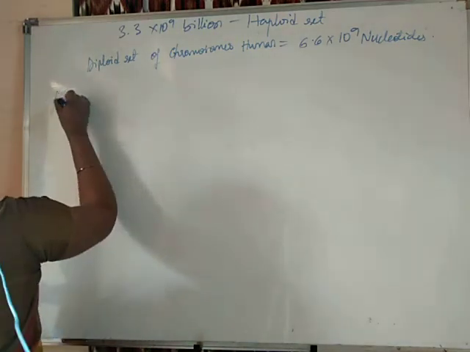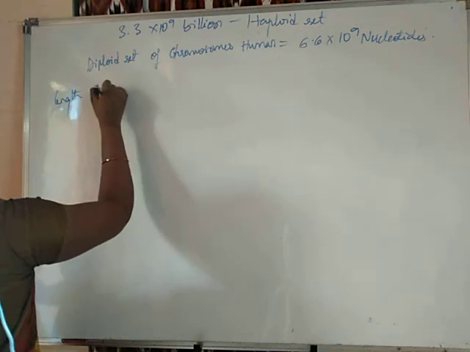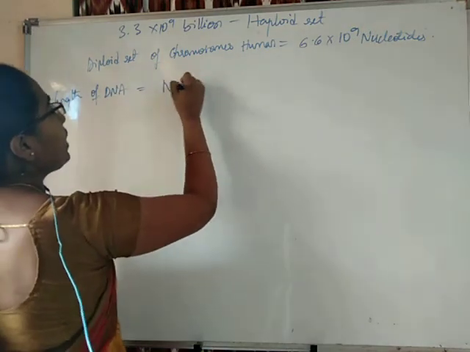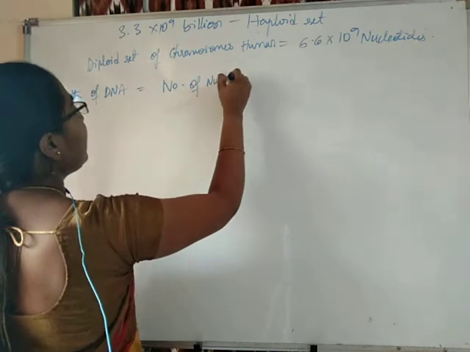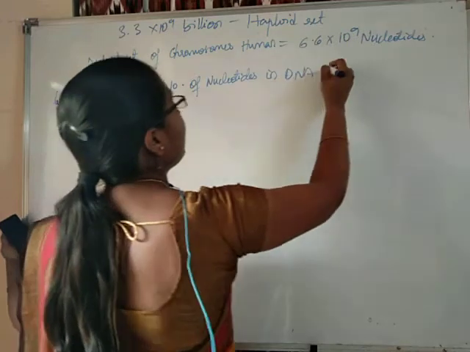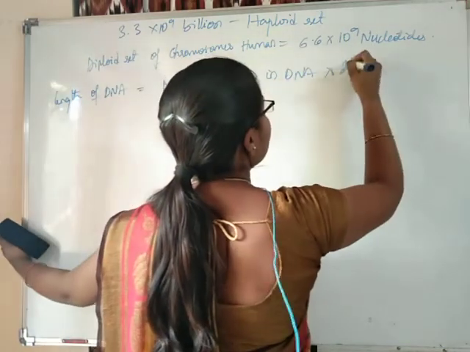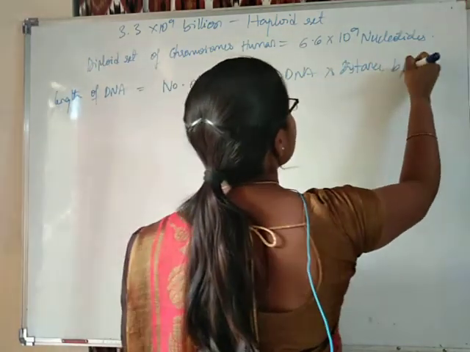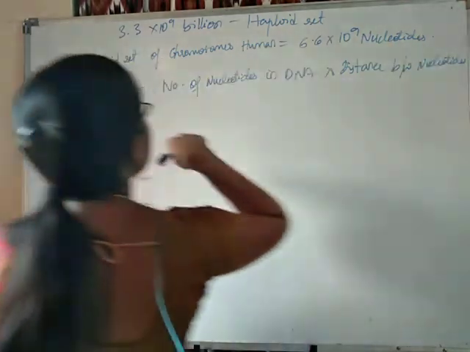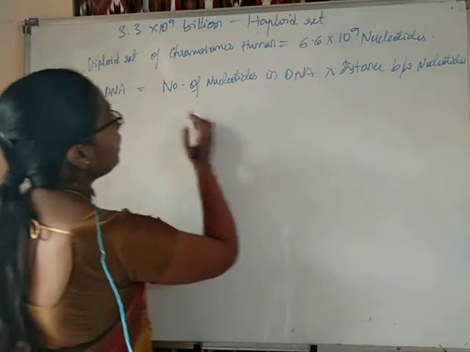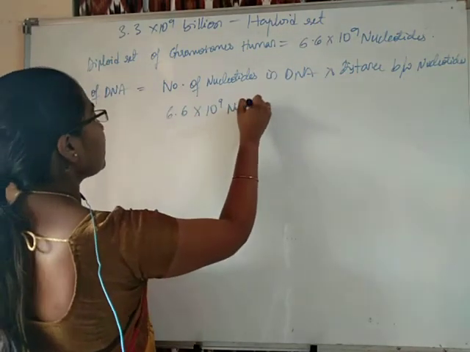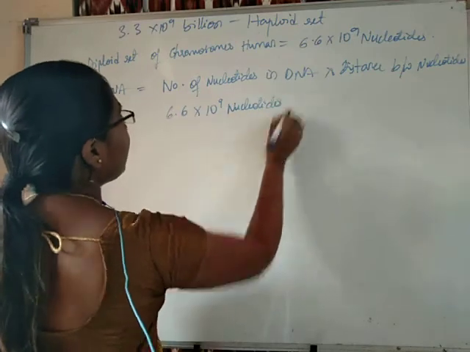The length of DNA can be obtained by multiplying the number of nucleotides in the DNA by the distance between nucleotides. So, what is the number of nucleotides in DNA? 6.6 into 10 to the power of 9 nucleotides are found in human DNA.